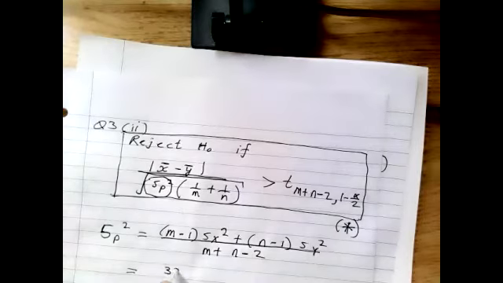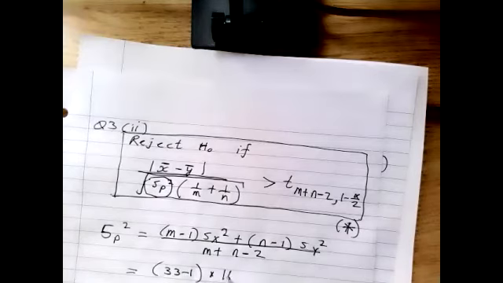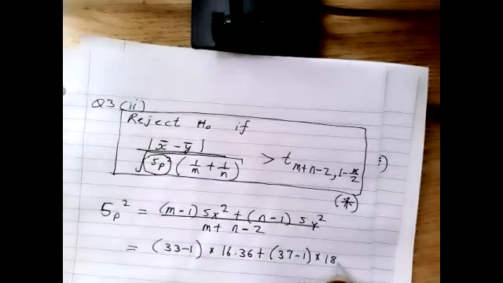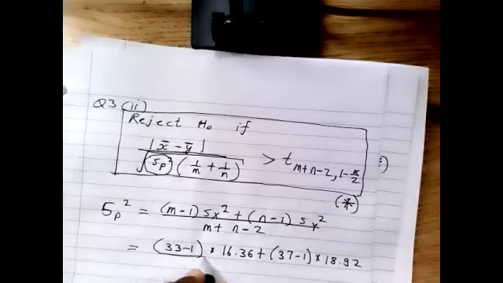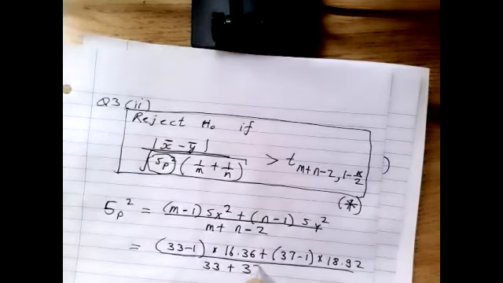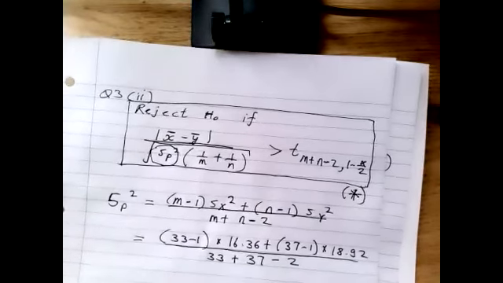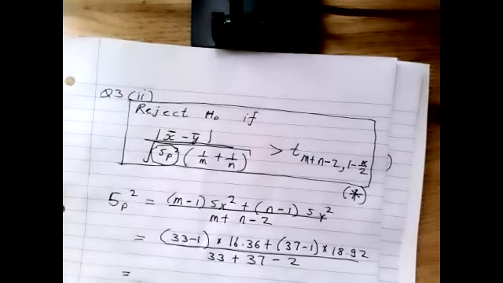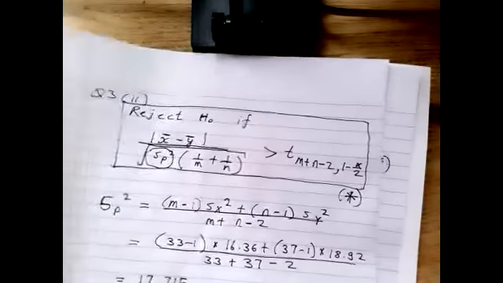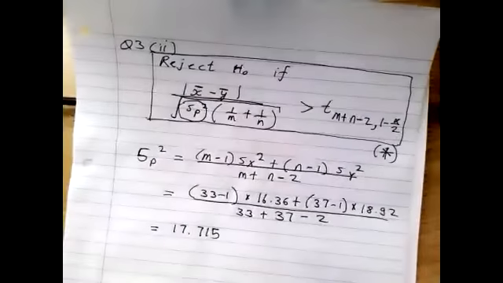It was 33 minus 1 times the sample variance, which was 16.36, plus N was 37, minus 1, times the sample variance, which was 18.92, divided by 33 plus 37, take away 2. And if you work this out, you would get 17.715. Okay, that's the pooled sample variance.